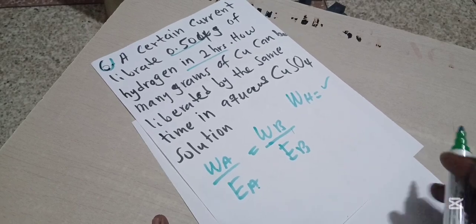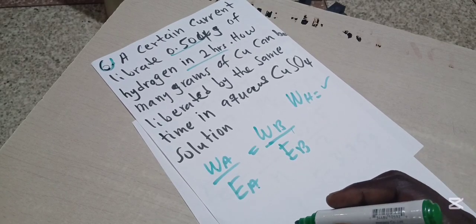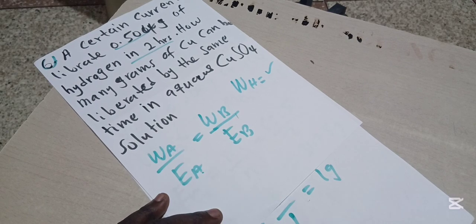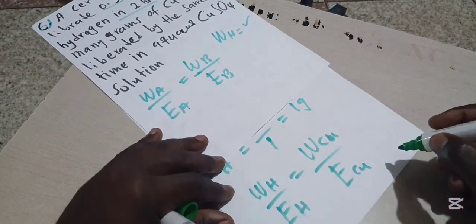W hydrogen over E hydrogen should be equal to W copper over E copper.